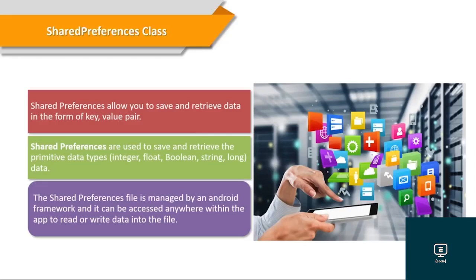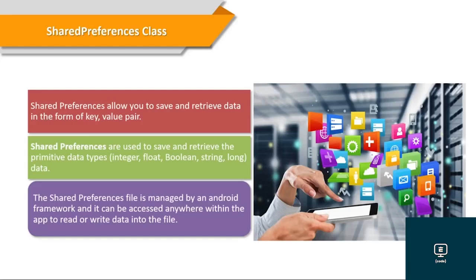And when the user comes back again to the application, the user will not have to write the username and password again. The application will remember it and write it automatically into the necessary fields. Guess what? You save this kind of data using the shared preferences class. So this feature provides user convenience, we'll call it, right?